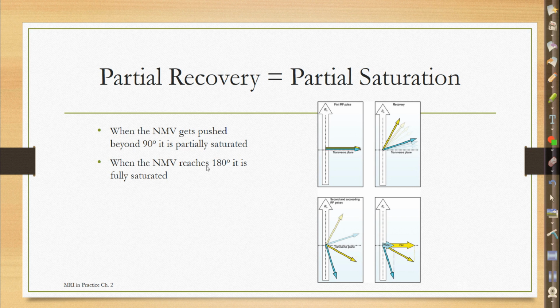A vector is considered fully saturated when it goes past 90 and gets completely inverted, 180 degrees. That's considered fully saturated.